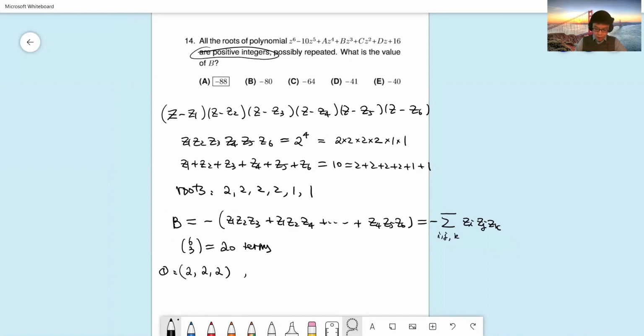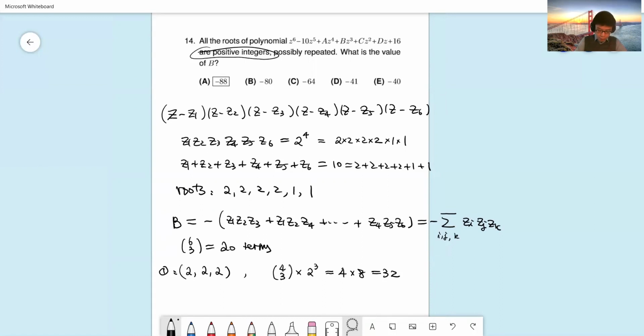And how many such combinations? We choose 3 twos from 4 twos, so there are 4 ways. Each product gives 2 cubed, so it's 4 times 8, which is 32.